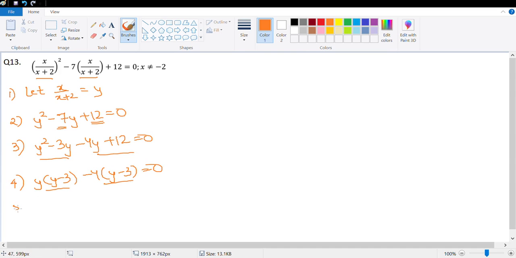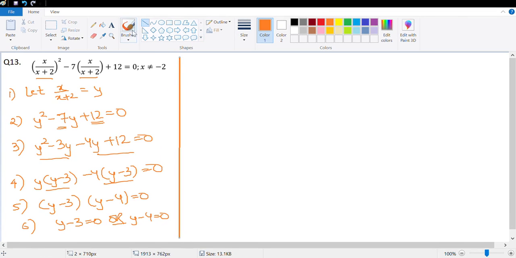Y minus 3 is common, so y minus 3 times y minus 4 is equal to 0, which means y minus 3 is equal to 0 or y minus 4 is equal to 0. This gives us y is equal to 3 or y is equal to 4.